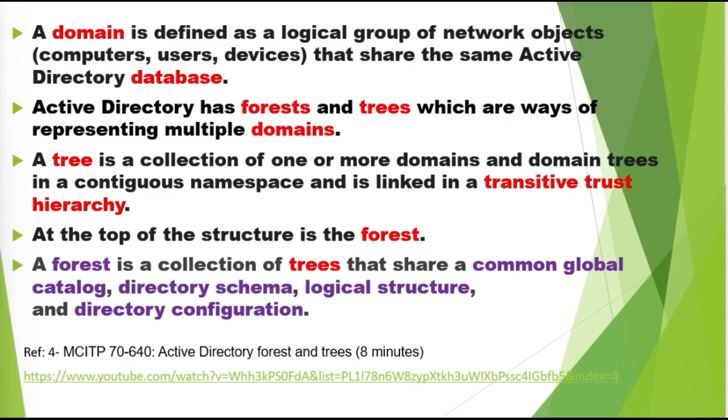So let's say from your point of view, we have UiTM Melaka that has the Jasin campus, Alor Gajah and also the Bandaraya campus. So each campus has its own domain, right? But all these campuses belong to the same tree.